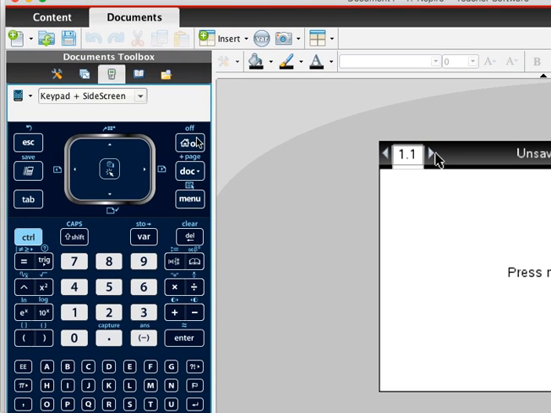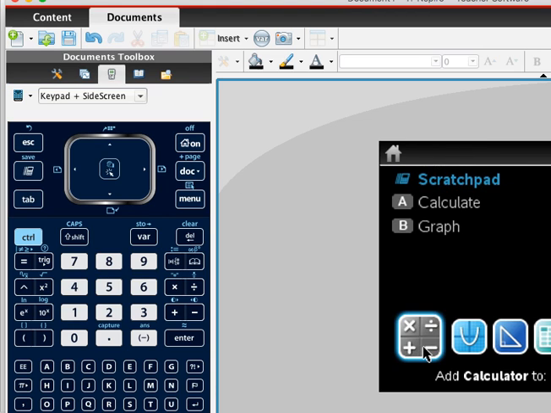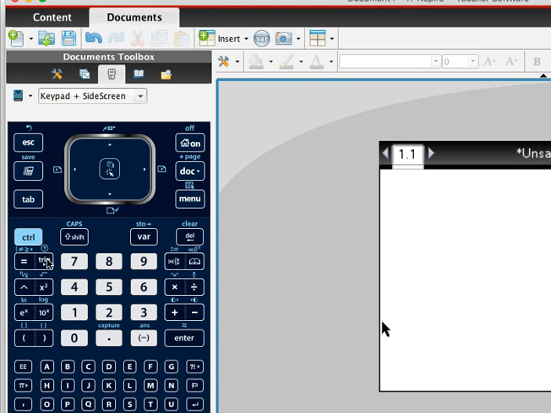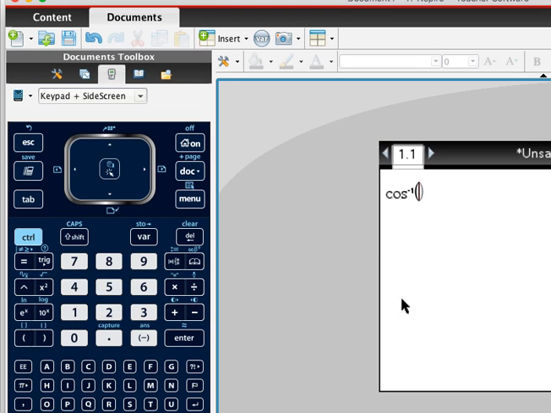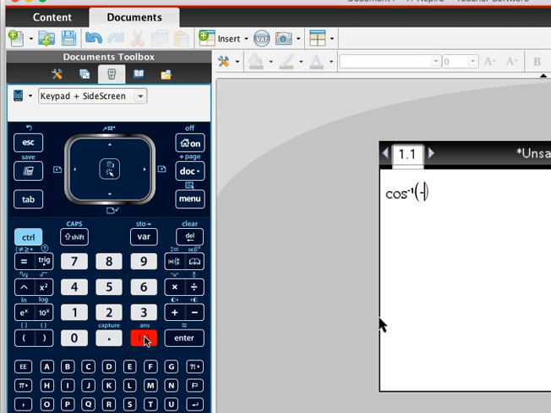Okay, so on the calculator, if you go to the trig, there's the cosine with the little -1. Press that, and then type in -0.6281. Okay.